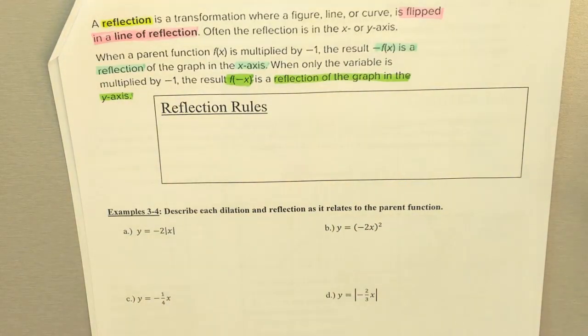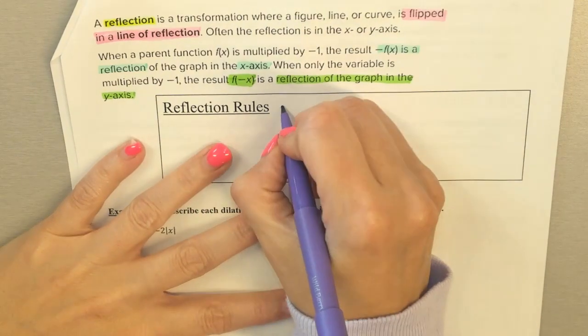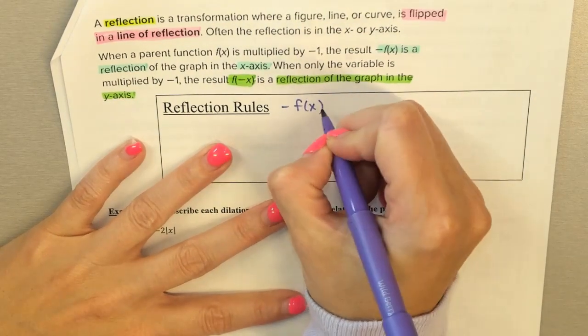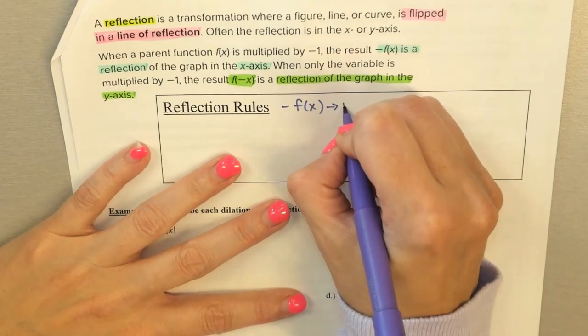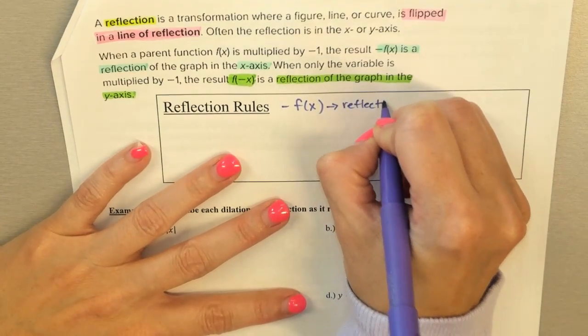So we're going to have to remember these rules. If the negative is on the outside, it's a reflection over x.